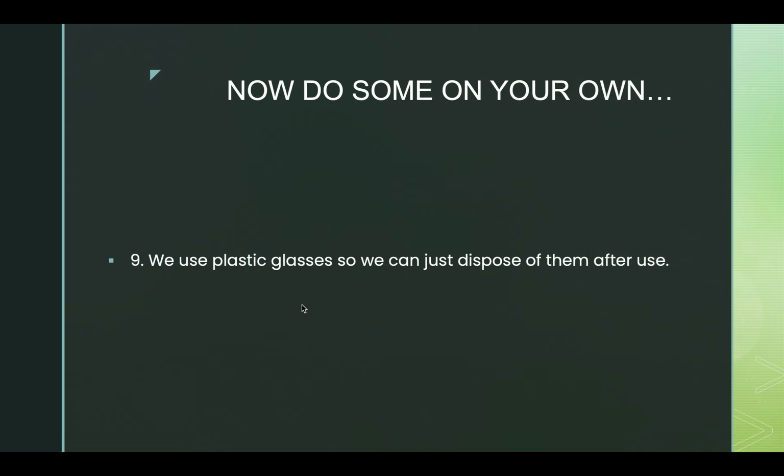We use plastic glasses so we can dispose of them after use. Plastic glasses is definitely your oxymoron. Final one. Maria was on a heavy diet owing to her wedding. Heavy diet is our oxymoron.